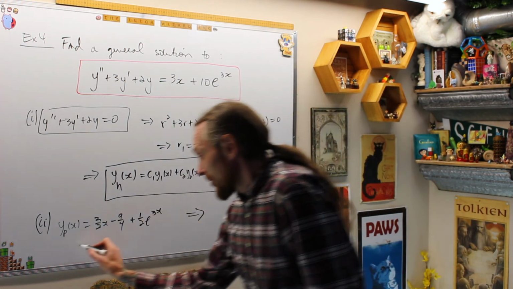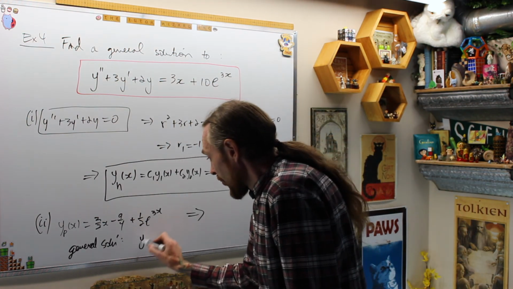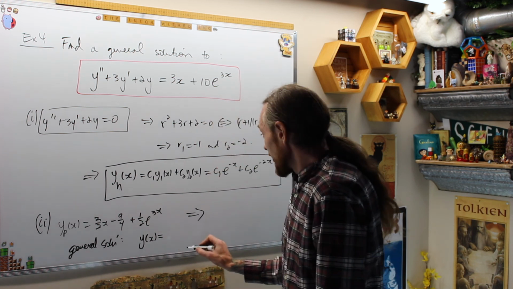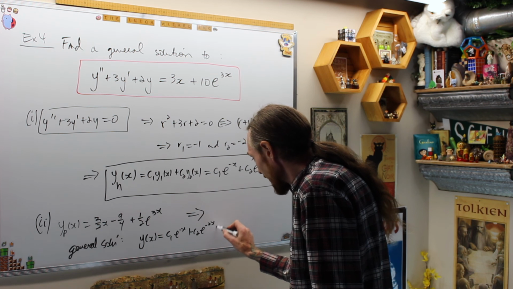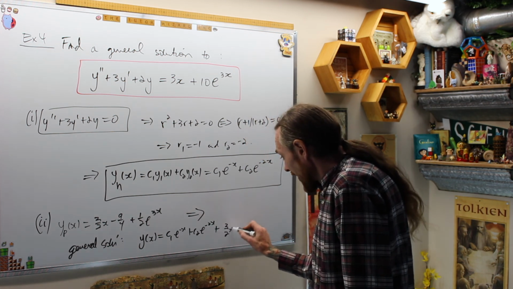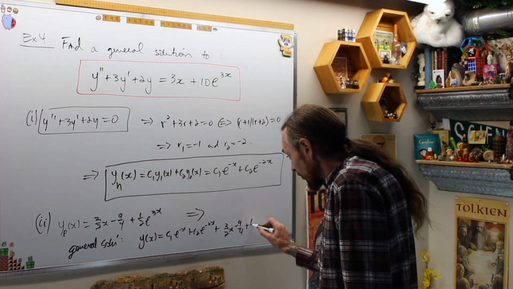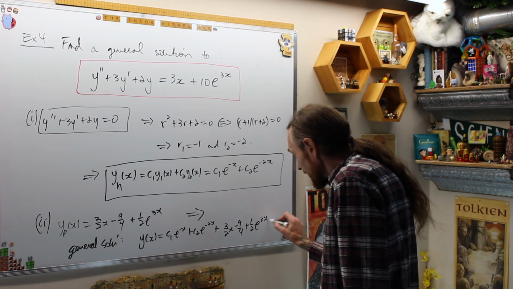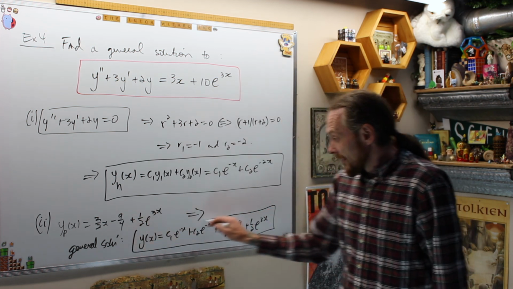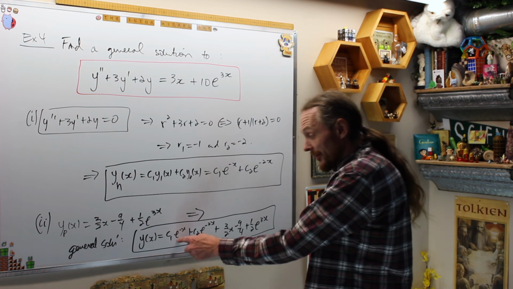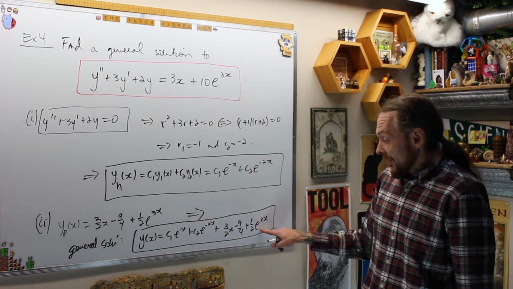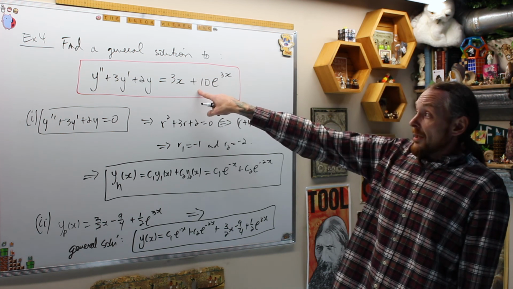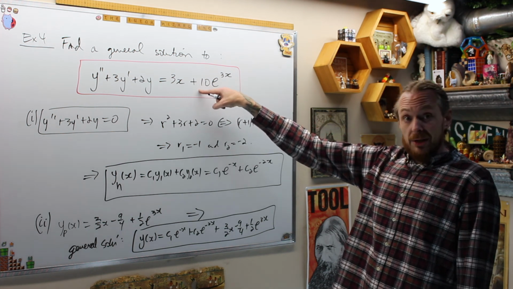Therefore, the general solution is y(x) = c1 e^(-x) + c2 e^(-2x) + 3/2 x - 9/4 + 1/2 e^(3x). This is the linear combination of the two linearly independent solutions to the associated homogeneous equation plus a particular solution to the non-homogeneous superposition equation.